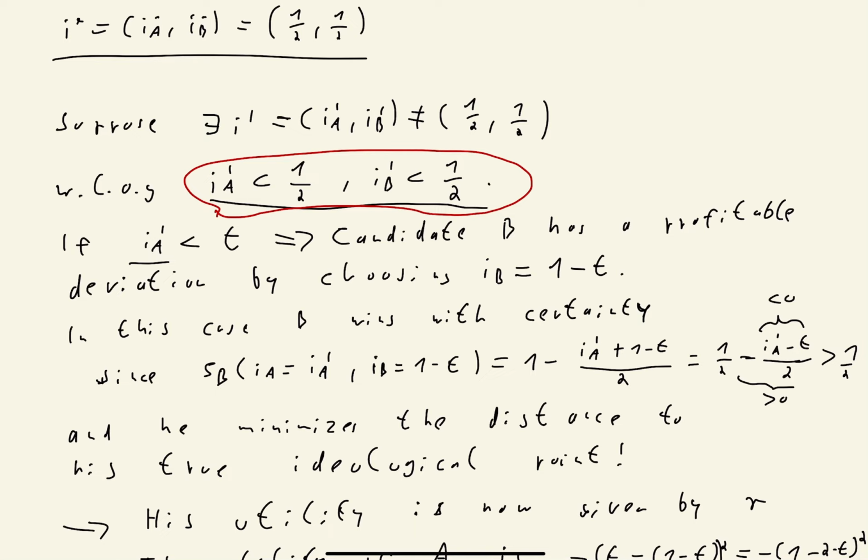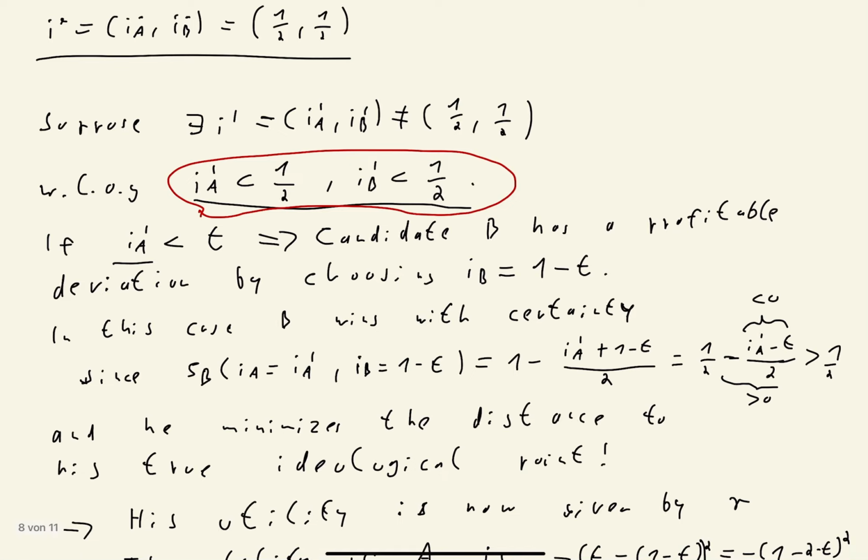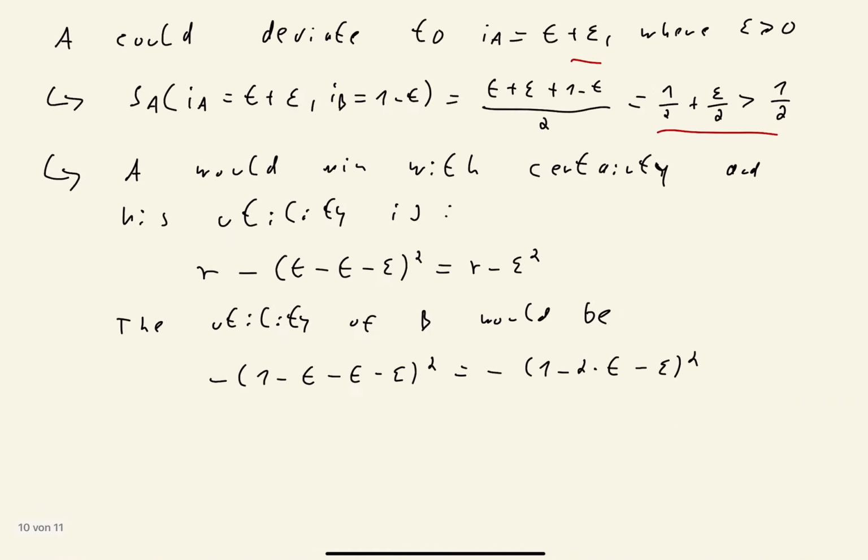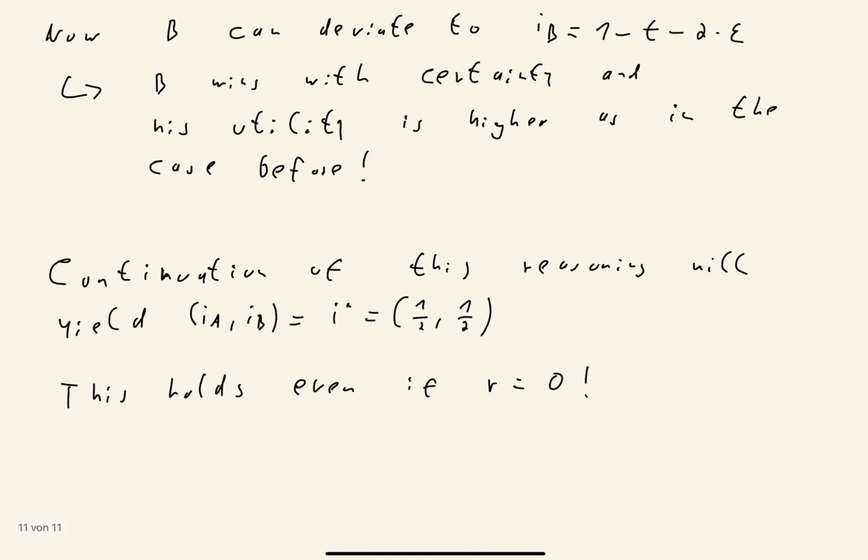So we showed that if you start at an ideology profile given by IA prime being smaller than 1/2 and IB prime being smaller than 1/2, we will always end up in the equilibrium that I derived in the first place, where both would locate themselves at the median voter ideology.